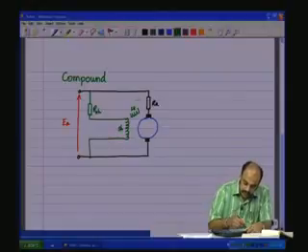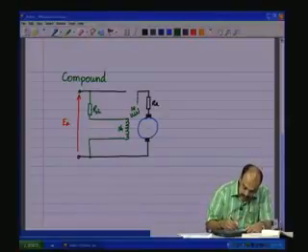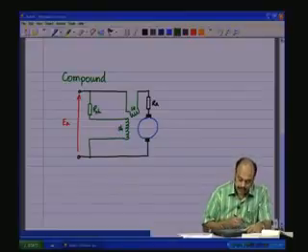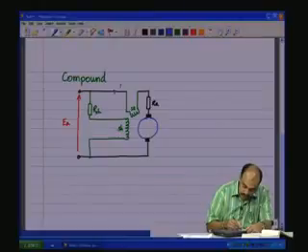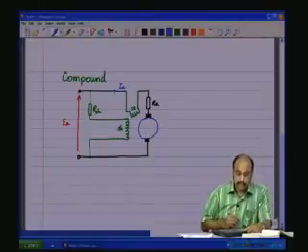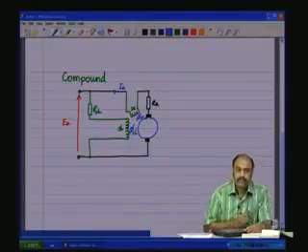Now, the series winding will be connected in series as shown, where the armature current flows through the series excitation winding. So, you have a phi series and a phi shunt.